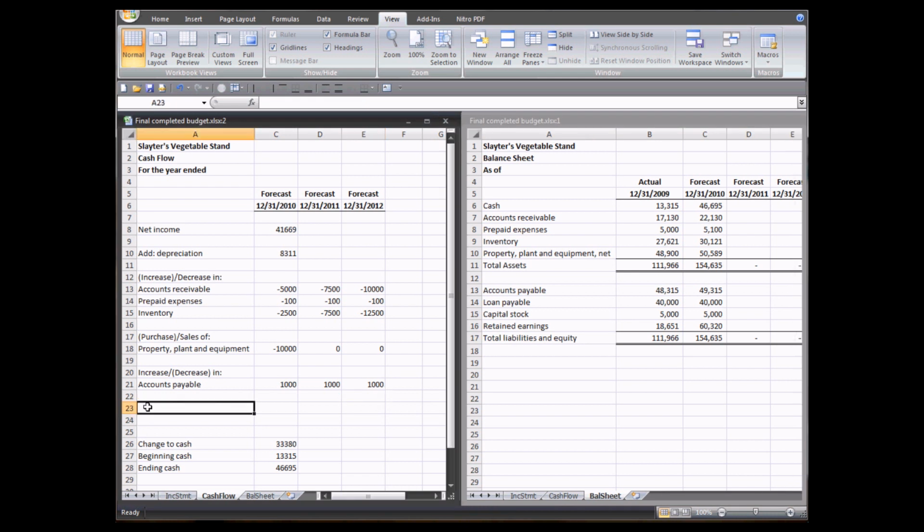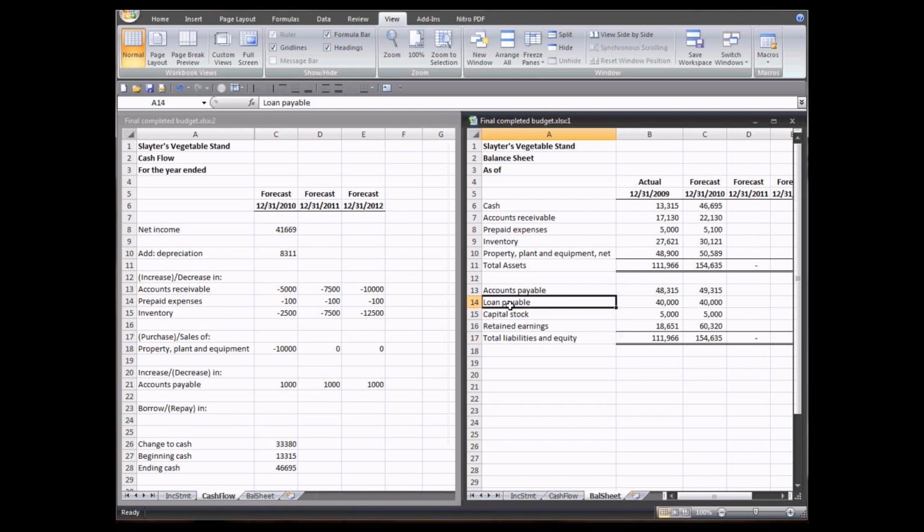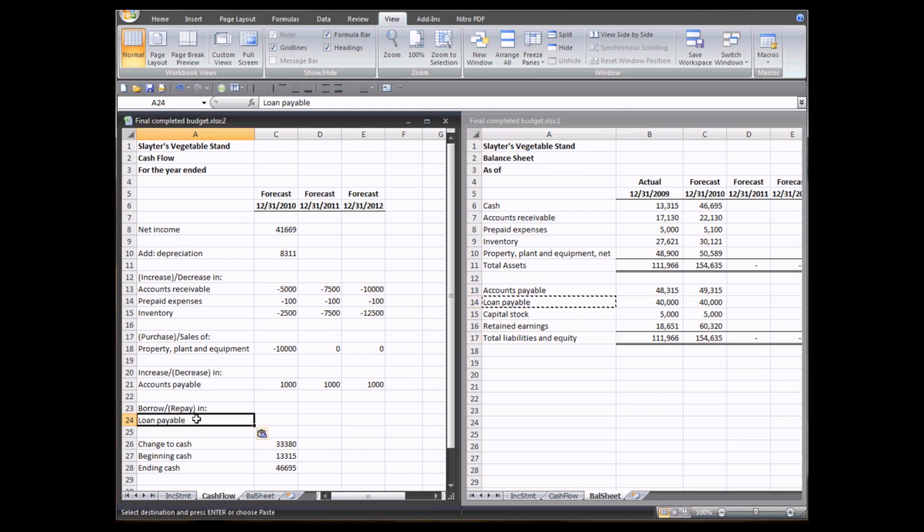Okay, so then the next thing that we have here is the loan payable. If we borrow money, it's going to be a positive cash flow item. If we repay the loan, it's going to be a negative cash flow item. It's possible your company will have multiple loans. And I'm just going to say zeros on there. I'm not going to plan on borrowing more or repaying more.